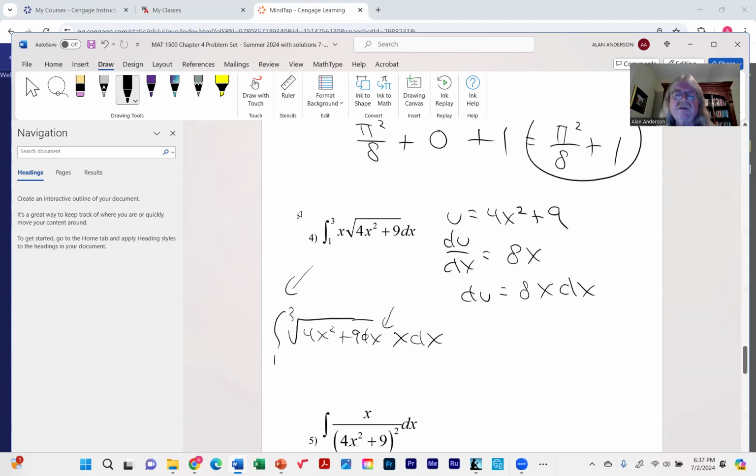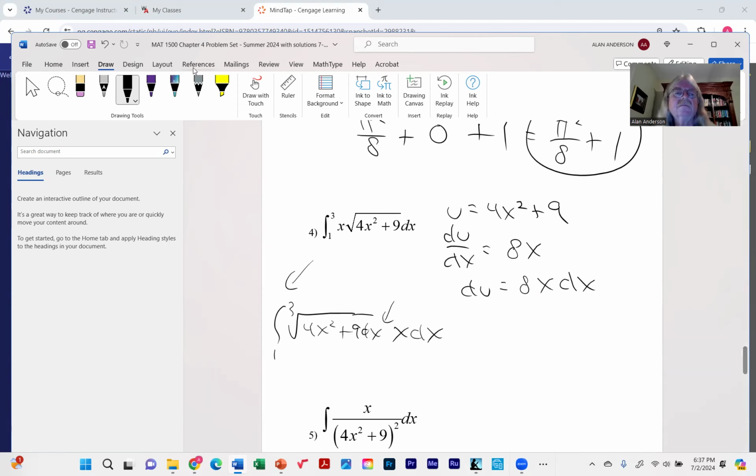Which we can supply ourselves by multiplying and dividing by 8. So in other words, we're going to supply our own constant. Call it supplying a constant.